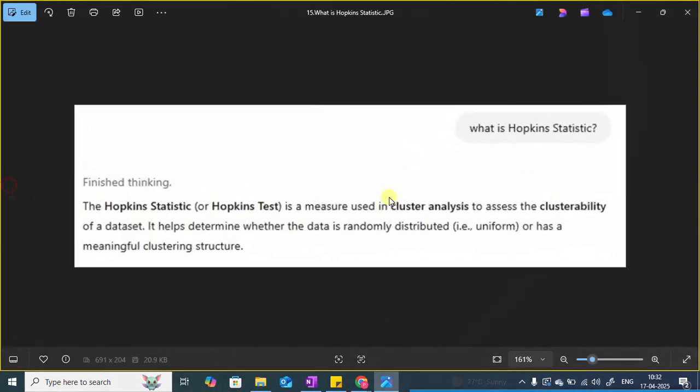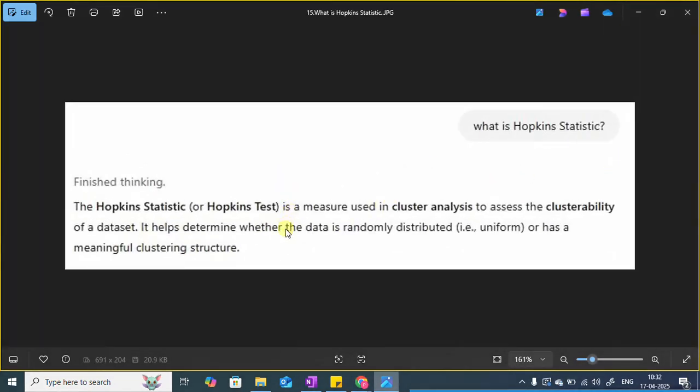Now, what is Hopkins statistics? As I told you, Hopkins statistics or the Hopkins test is a measure used in cluster analysis to assess the clusterability of a dataset. It helps determine whether the data is randomly distributed, that is uniform, or has a meaningful clustering structure.